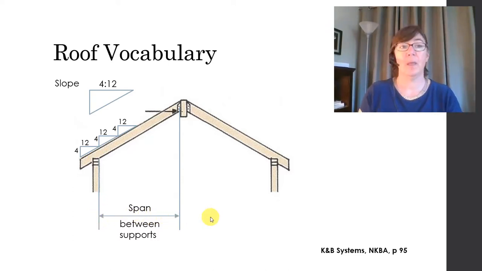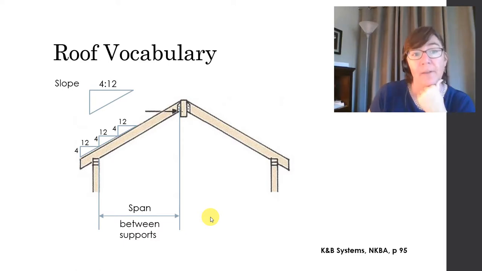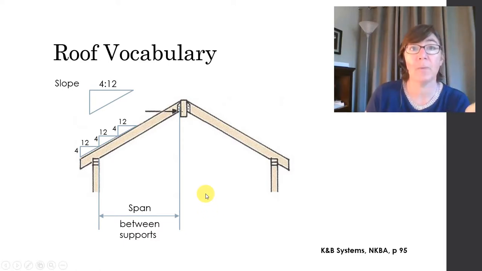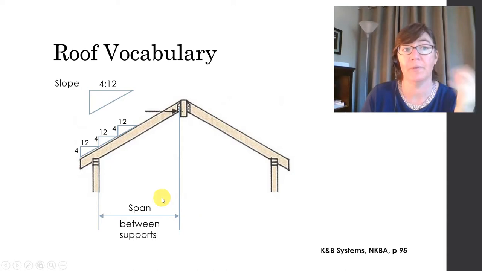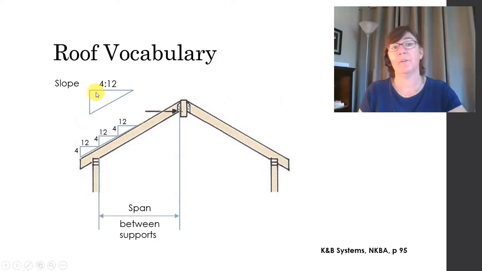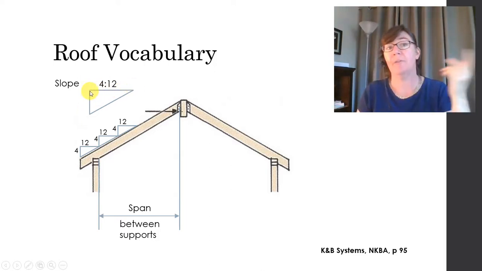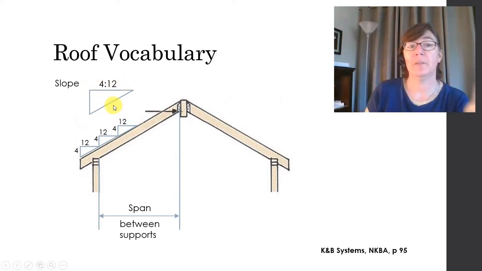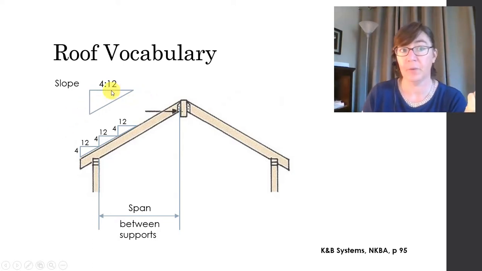Also, let's talk about that slope. A really common way to measure the slope of the roof is to talk about the rise, how much the roof goes up or rises, versus the run, how far it goes over. So this particular roof that we're looking at is a 4 in 12 roof, and that's how you'd read that, 4 in 12.